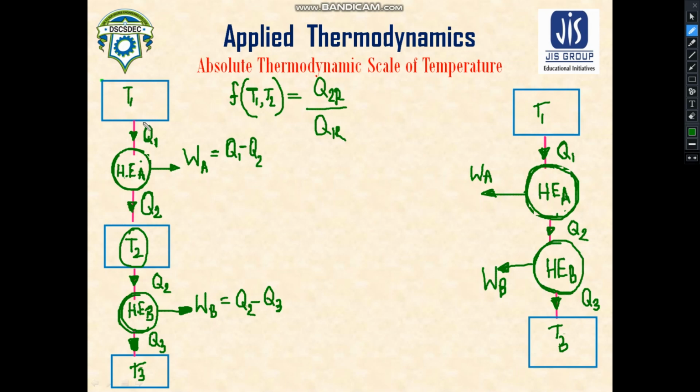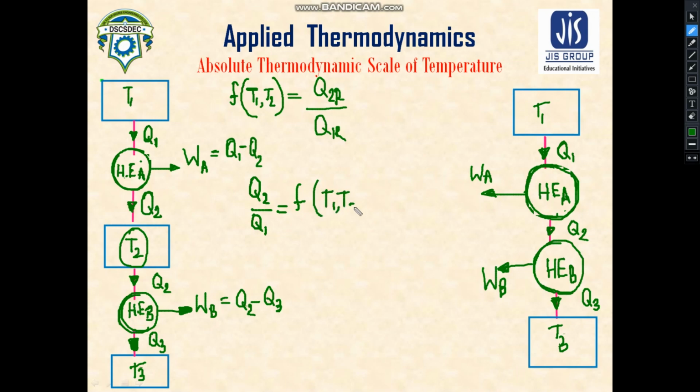Now for this engine A, I think it will be easy to understand now, Q2 by Q1 can be written as a function of T1 and T2.